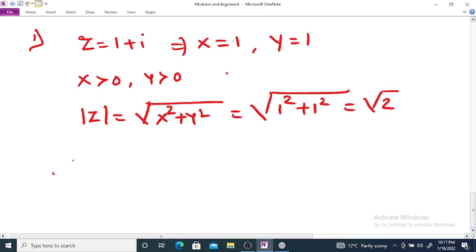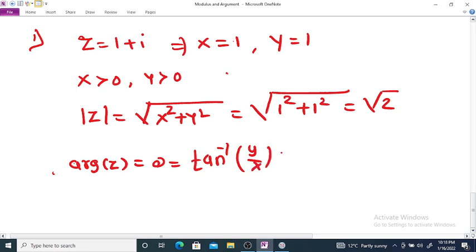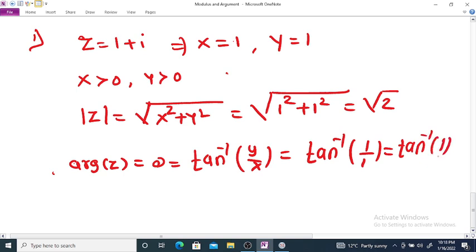And the argument of z, which is equal to theta, is equal to tan inverse of y by x, that is tan inverse of 1 by 1, which is equal to tan inverse of 1, and we know that tan inverse of 1 is equal to pi by 4.